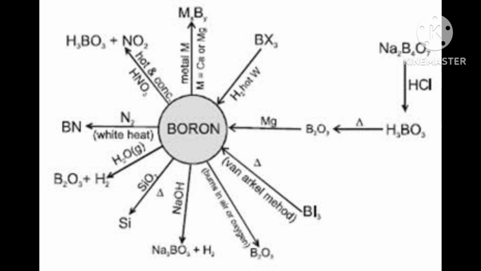I am telling you this electronegativity, again you listen, that electronegativity of boron is 2. Boron electronegativity is 2, and for aluminum it is 1.5, gallium is 1.6, indium is 1.7, and thallium is 1.8.